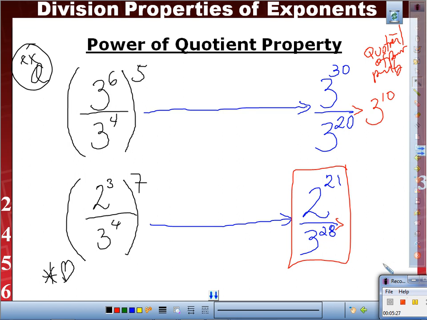Okay? So now, go back to what we did right now and talk it over with your neighbor. Let them know what would be a definition for this property, power of quotients property.